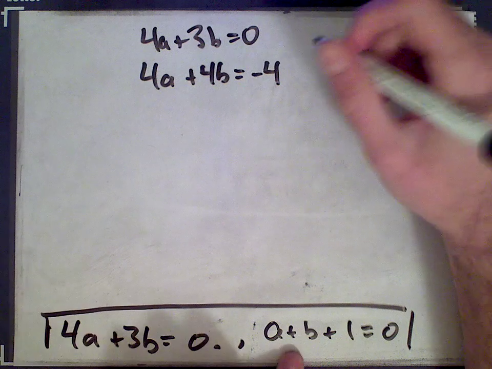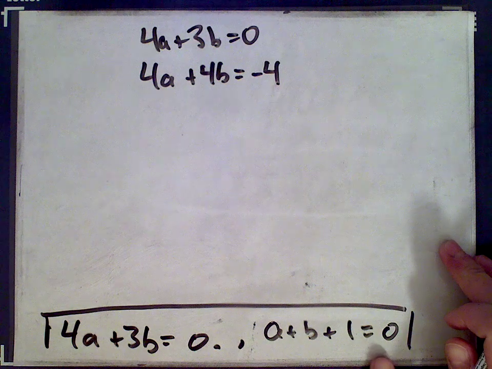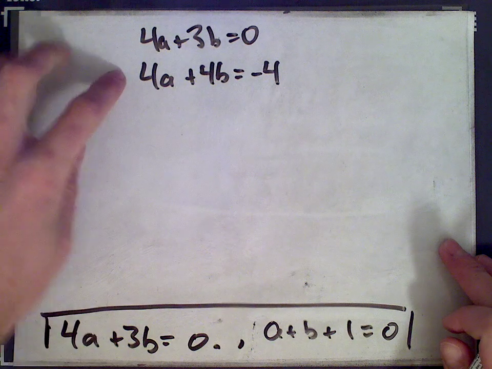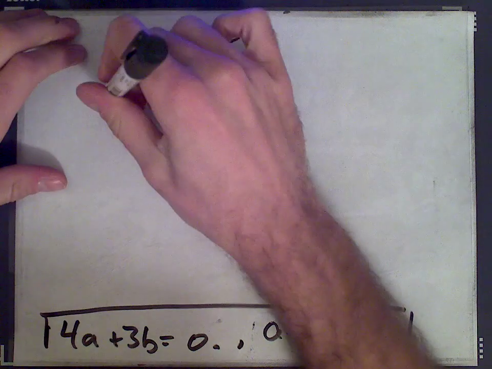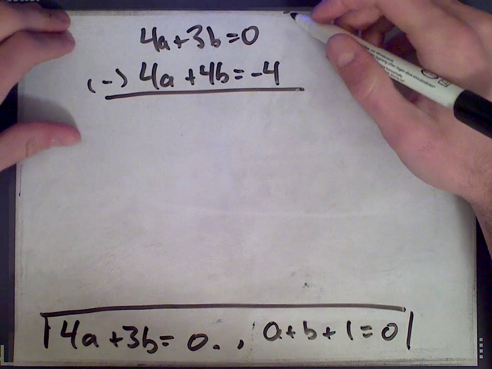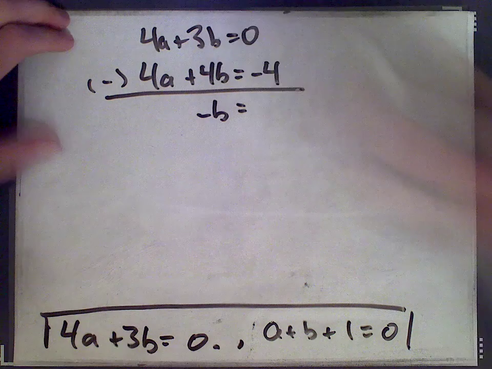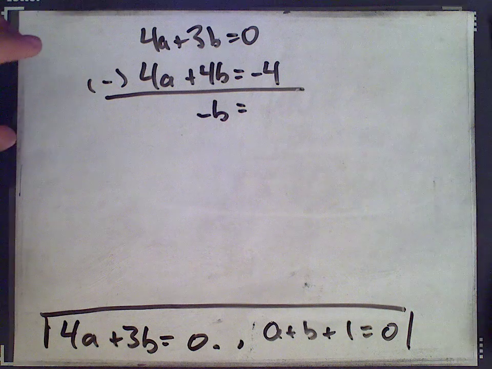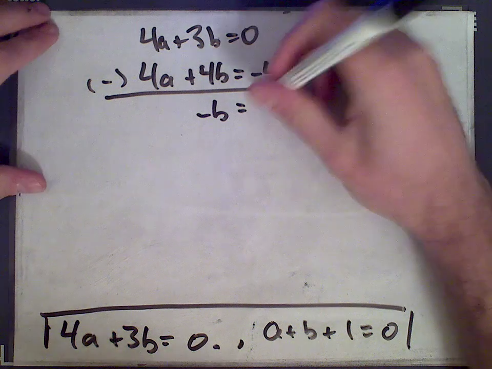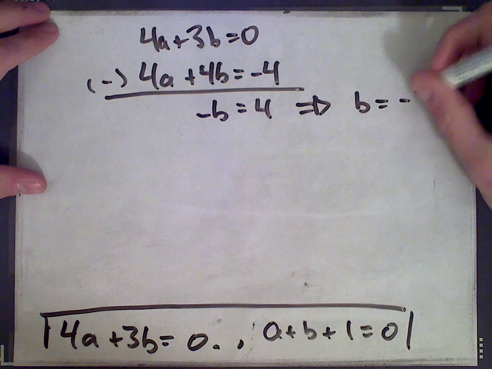That allows us to subtract these equations and eliminate the variable a. Sorry, we're subtracting, so negative b is 4, which means b is negative 4.